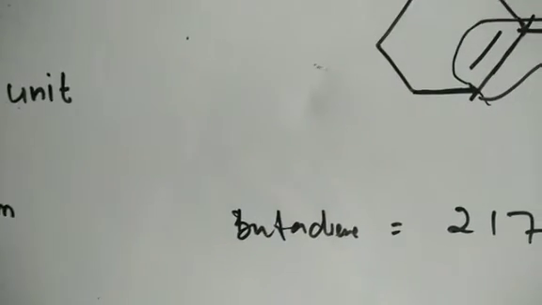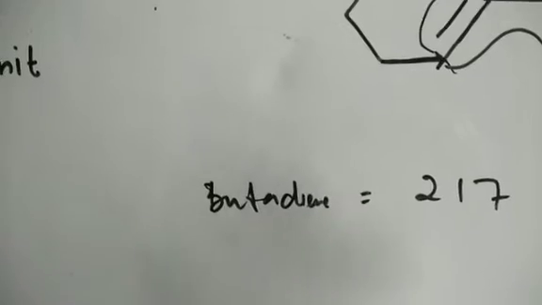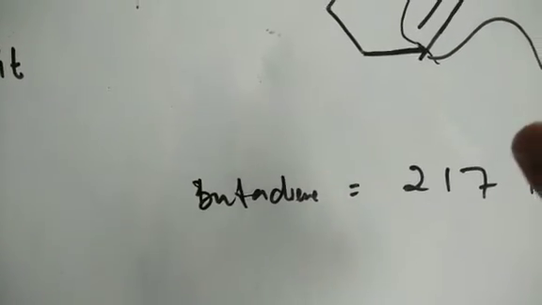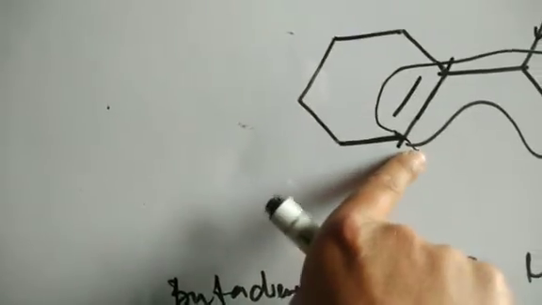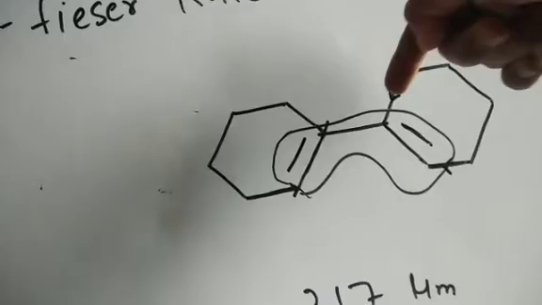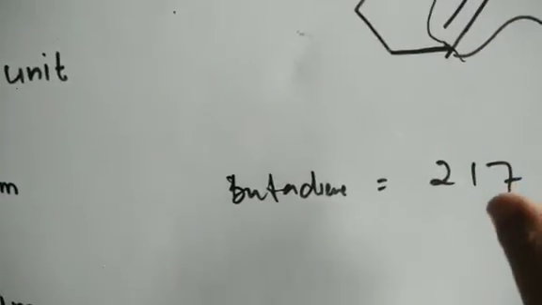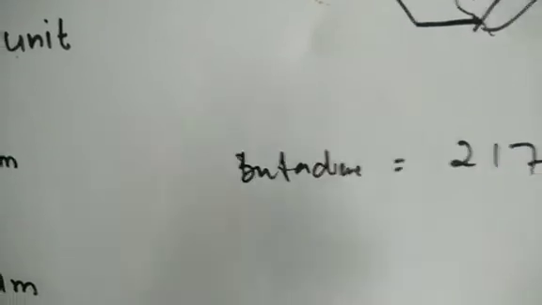So there are 4 ring residues. Inside the rings, the substituents are: this is 1, this is 2 on the double bond, this is 3, this is 4. We call these ring residues.